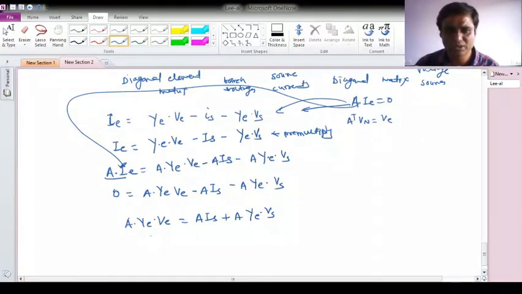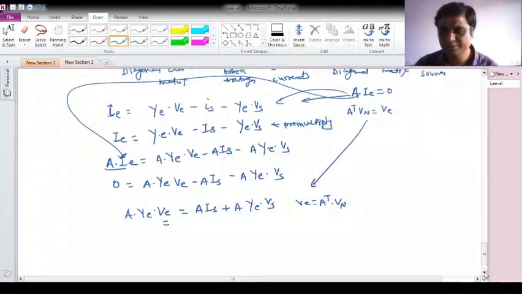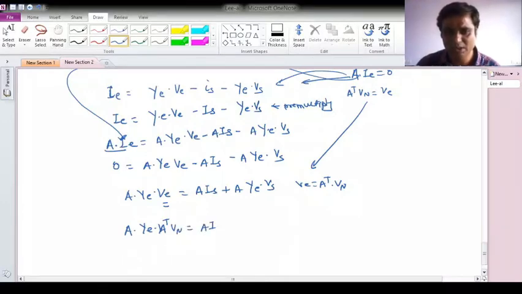Okay, now what I know is VE is nothing but A transpose into node voltages, and I will use this equation here. So again I can write A YE into A transpose into node voltages, which is equal to A IS plus A YE into VS. Okay, and then what is this? This is my one matrix I will get.